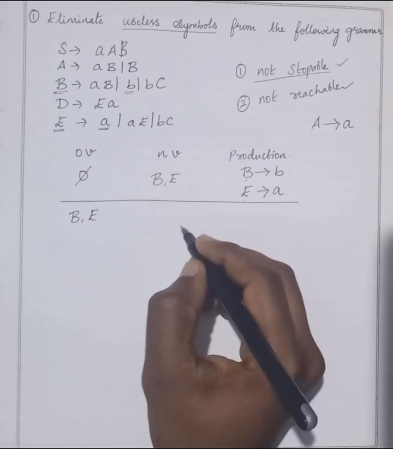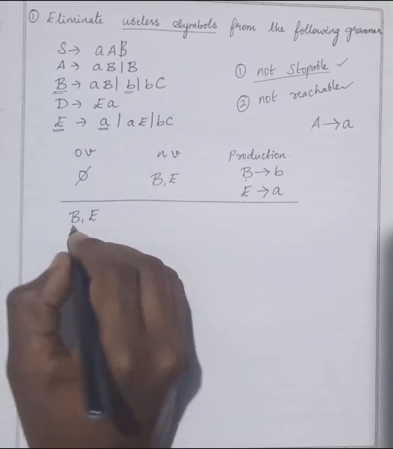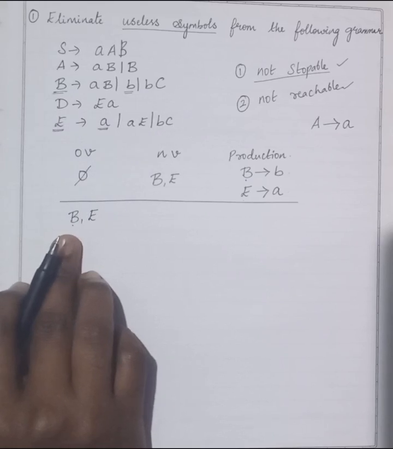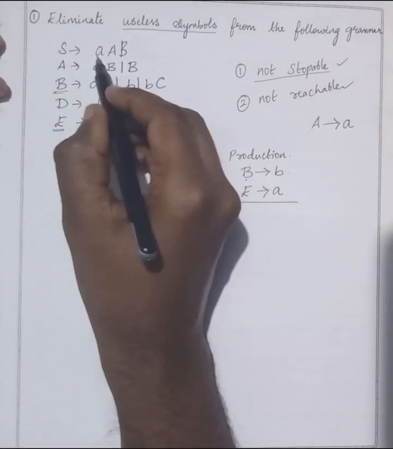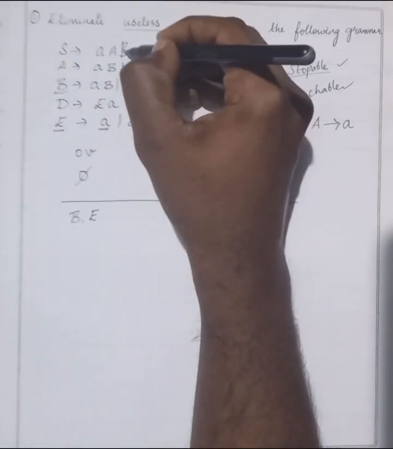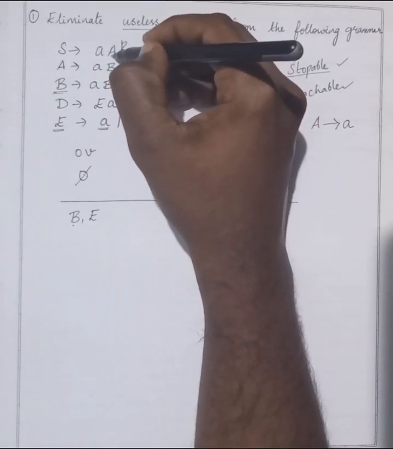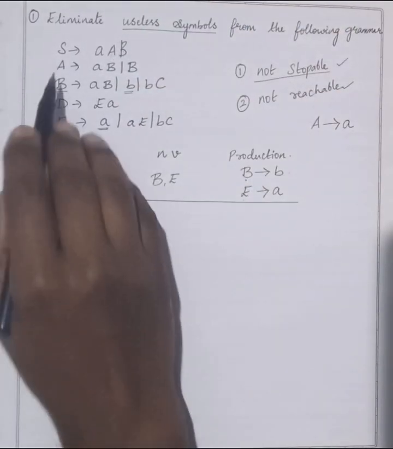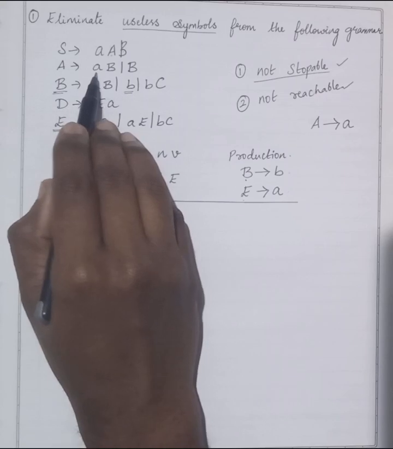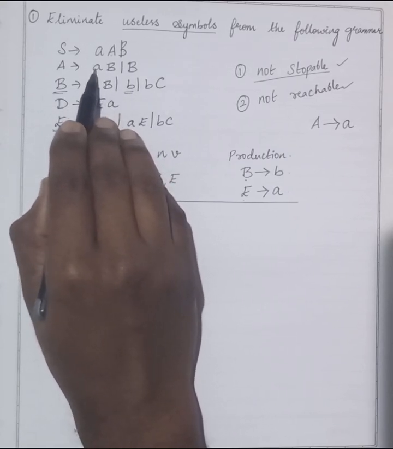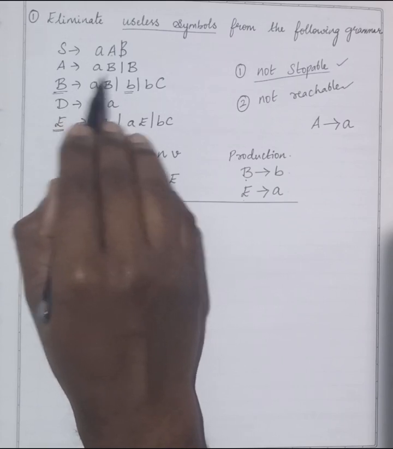Okay, again we'll continue. Now we'll check where we can substitute B and make the production stoppable. For example, here S derives small a, capital A and capital B. If capital B is stoppable, but capital A, we don't know yet because we have not considered it till now. So again you go and check A derives small a, capital B. If capital B is stoppable, then a is already a terminal, so both can be terminated.